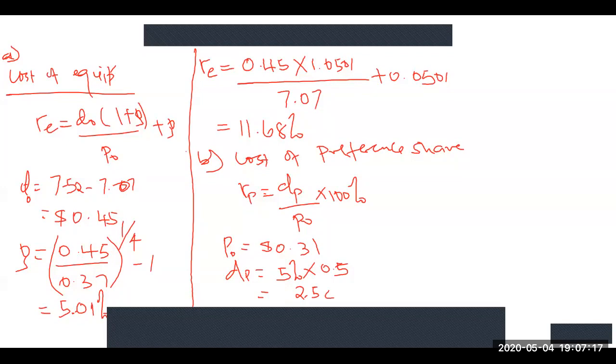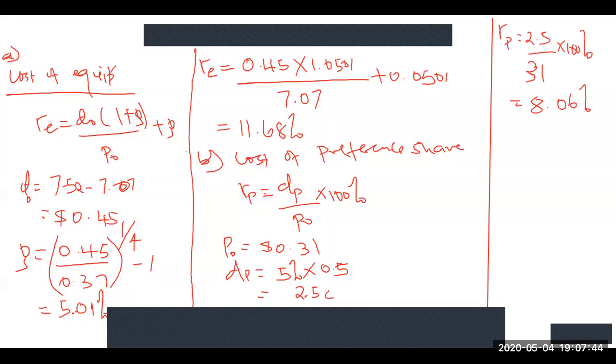True. Next, the next thing was to find out the cost of preference shares, which we did 0.025 over the 0.31 times 100. So 2.5 divided by that one. Okay, in percent, you got what? 8.06%.